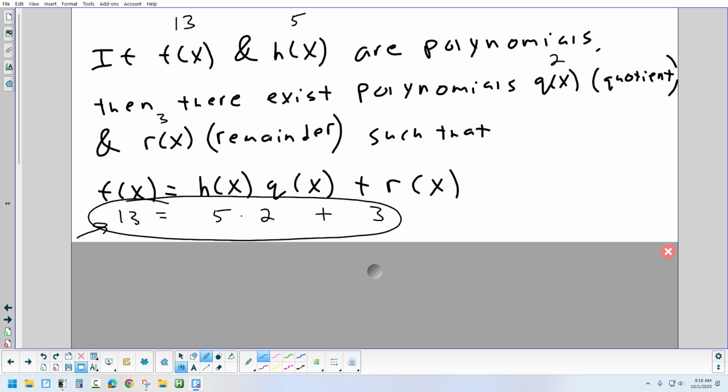Yeah, your answer's right. It's how you check your answer in long division. You always take your denominator times your quotient and add your remainder. If that comes out to the number you started with in the top, then you did it right. If that doesn't come out, then you did it wrong. So this is how you check your answer: denominator times quotient plus remainder.